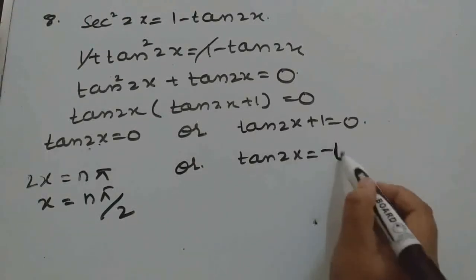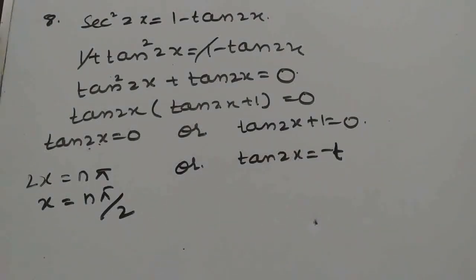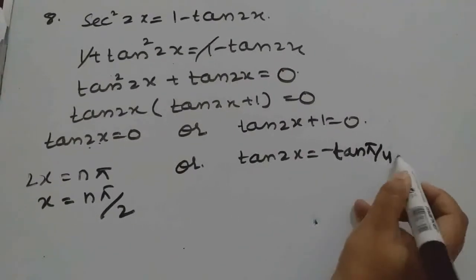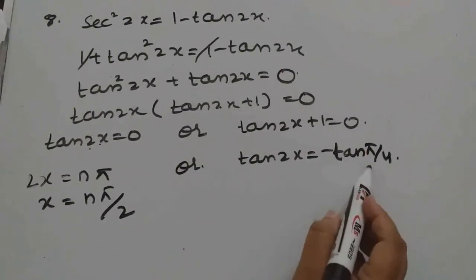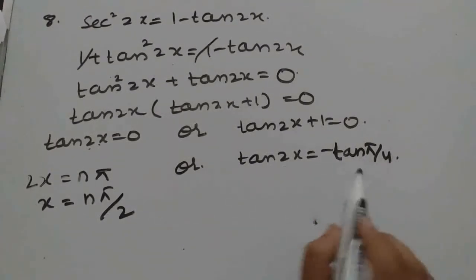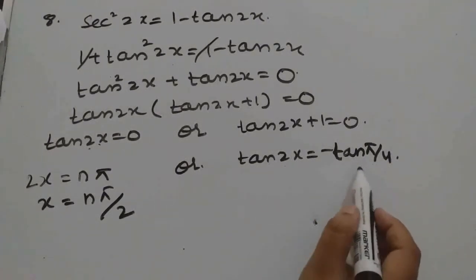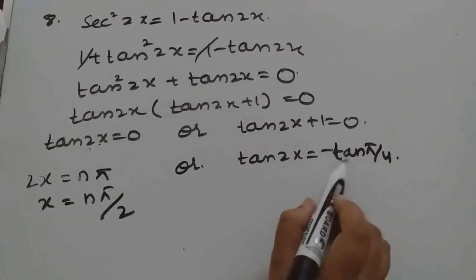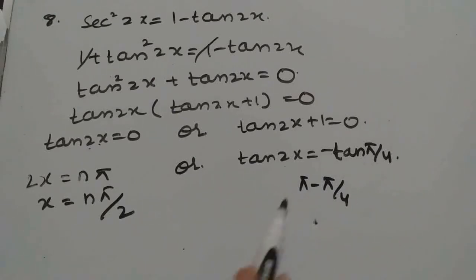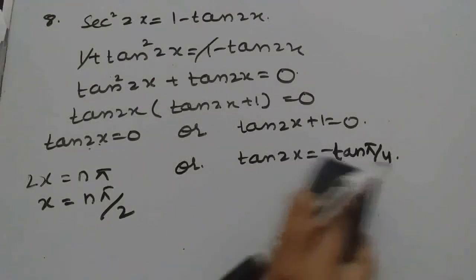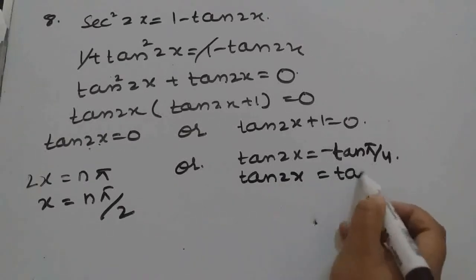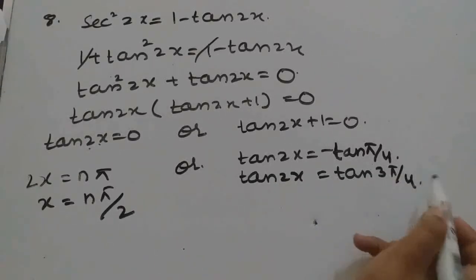But we know tan pi by 4 is 1. So we have to check in which quadrant it will be negative. In the second quadrant it will be negative. So second quadrant means pi minus pi by 4, 3 pi by 4 we can write. So tan 2x is equal to tan 3 pi by 4.